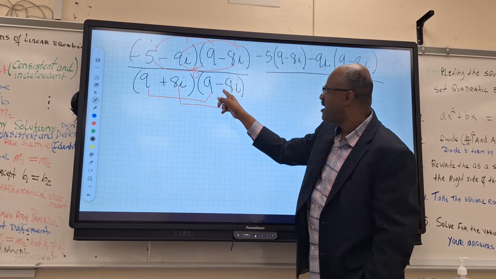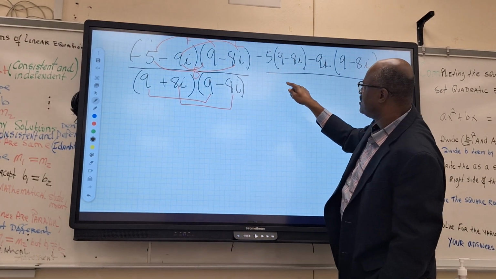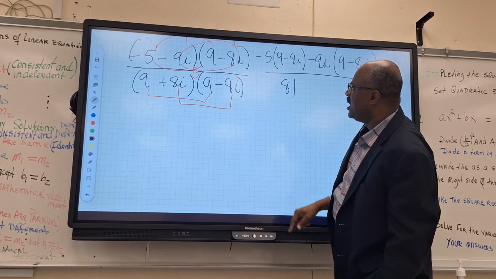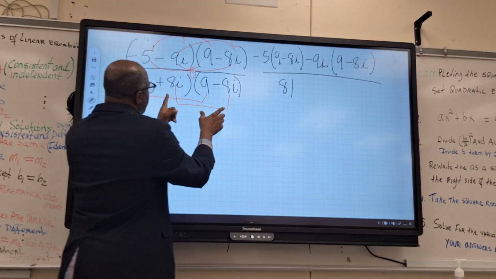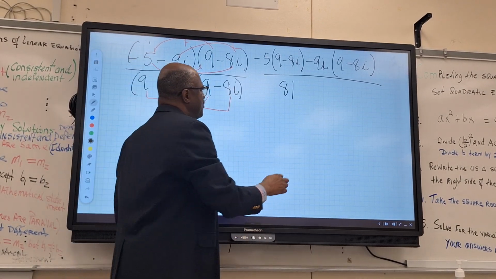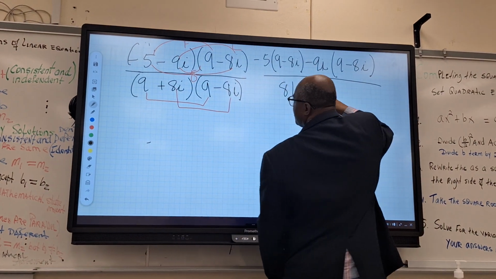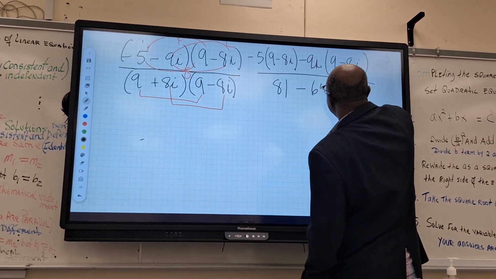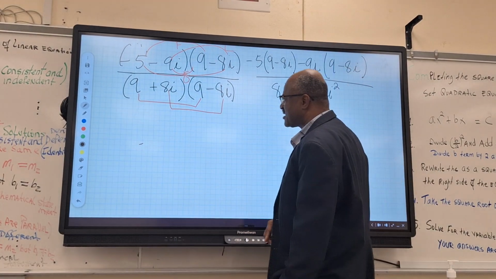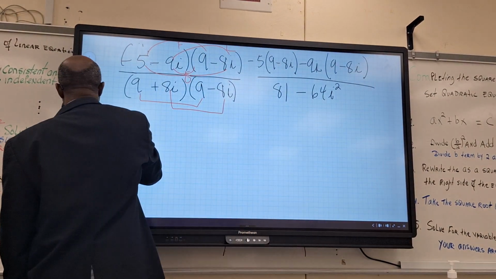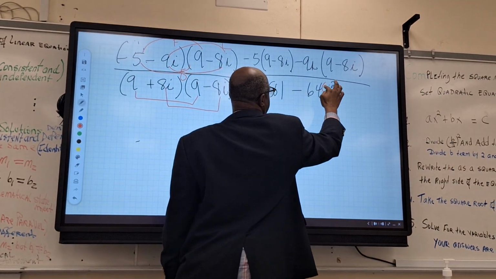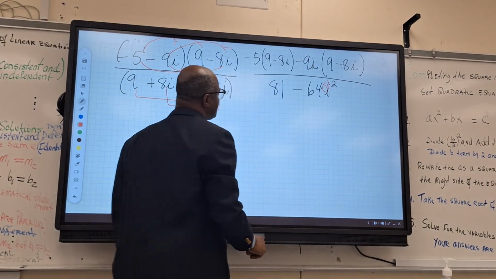That will be 9 times 9, which is, what is 9 times 9? 81. And remember, this different sign, that will become what? Negative 64i squared. And as you know, i squared is equivalent to negative 1. So you'll have to multiply this by negative 1. Right? You replace this by negative 1. Remember, that's what you need to do.